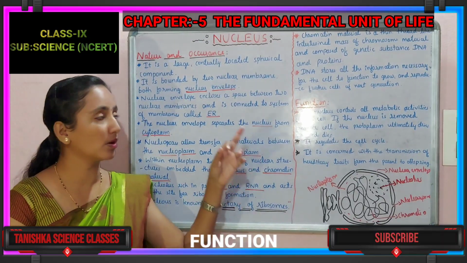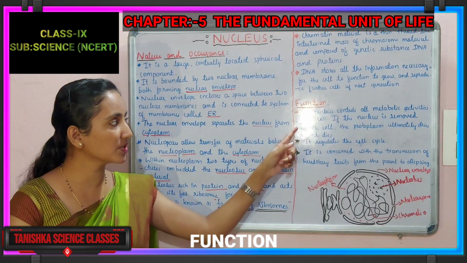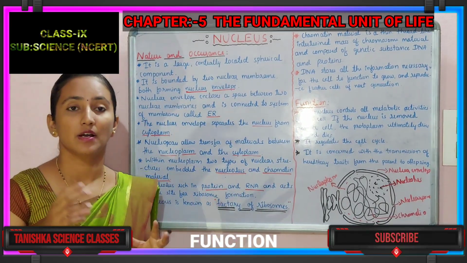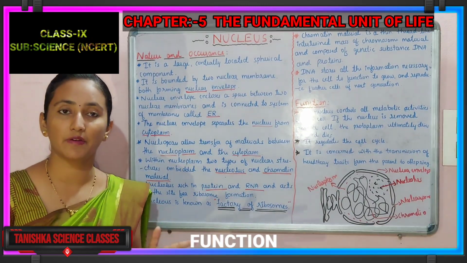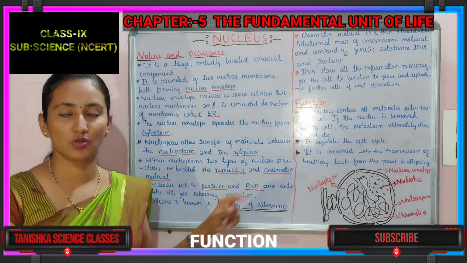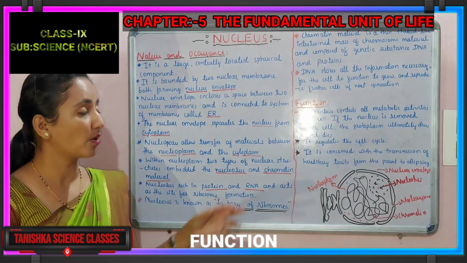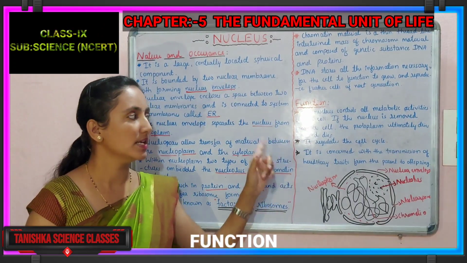Understanding? That is about the structure. Next we'll go to the function. So what is the function of the nucleus? I already said it is like the brain of the body. Just as the brain controls all the activities of our body, the nucleus controls all the metabolic activities of the cell.